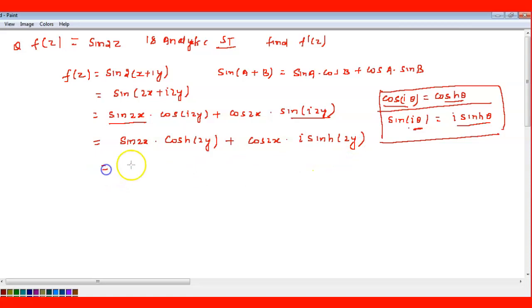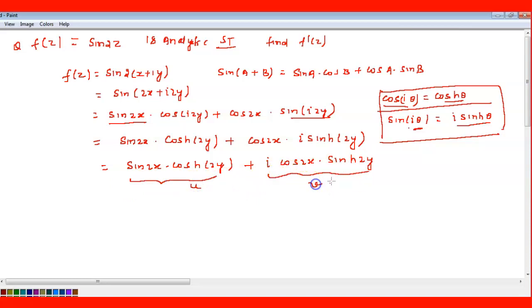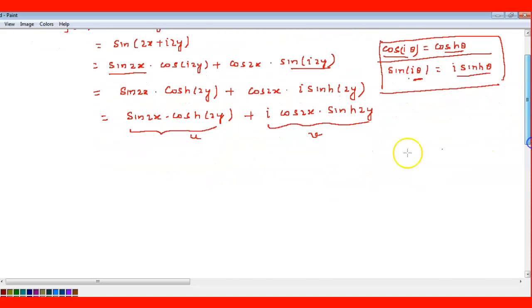So sine of 2x cos h of 2y, plus i outside, cos of 2x and sine hyperbolic of 2y. Getting here? So this is your real part and this is imaginary part, right? So u is equal to sine 2x cos h of 2y, and v is equal to cos of 2x sine h of 2y. Any doubt till here?